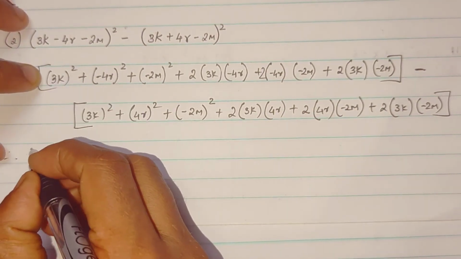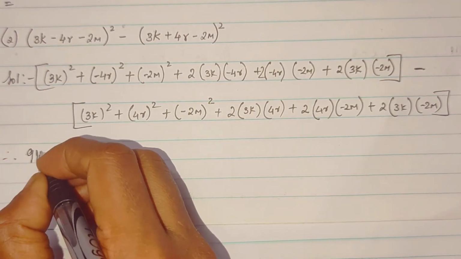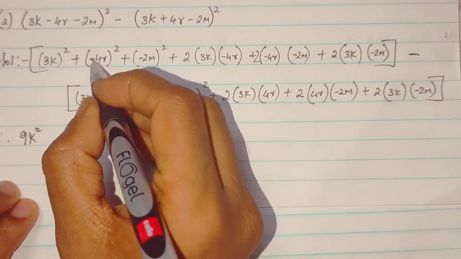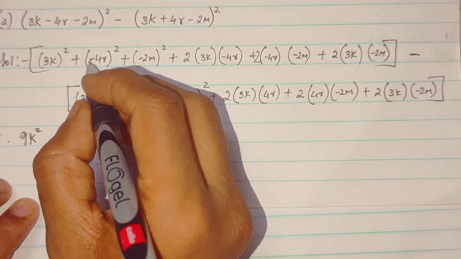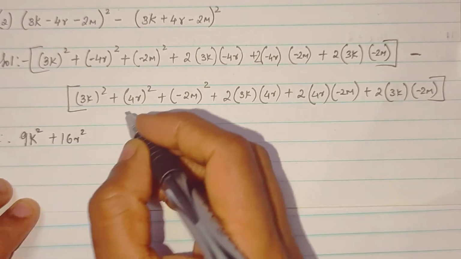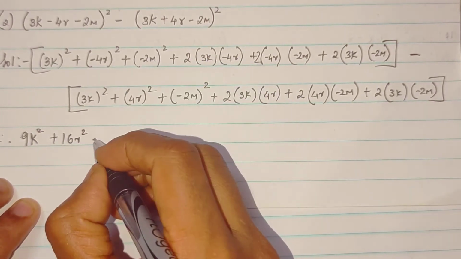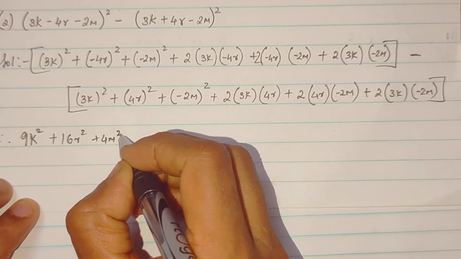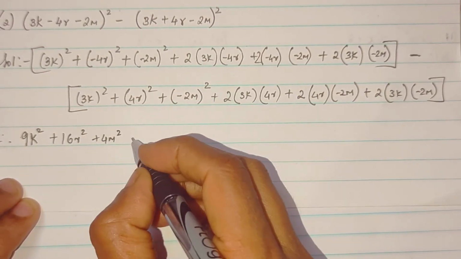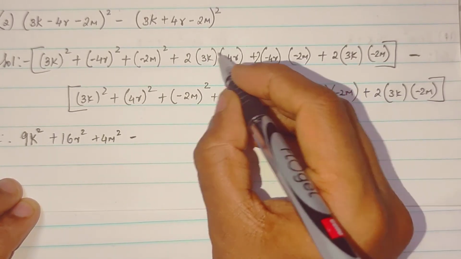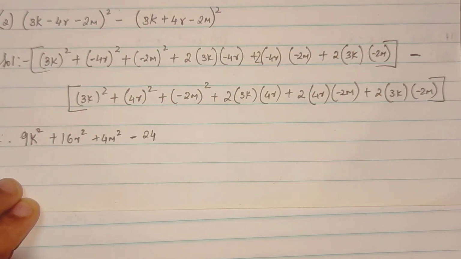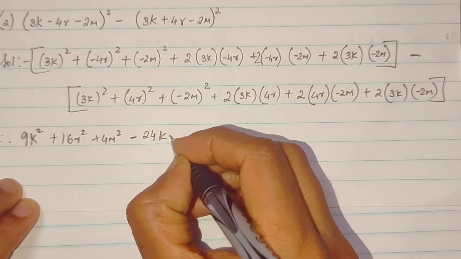3 3s are 9, so 9k square. 4 4s are 16, then 16r square. 2 2s are 4, 4m square. So here we have one negative, so that negative will come. 3 4s are 12, 12 2s are 24, 24 kr.